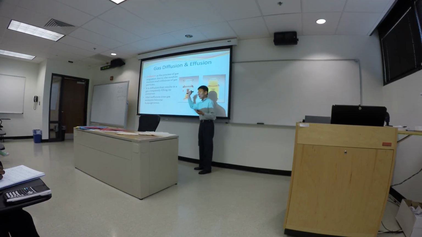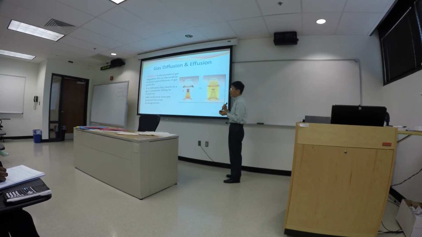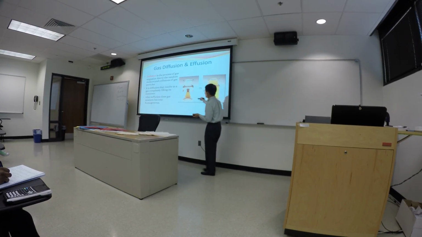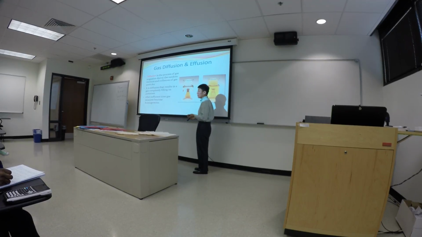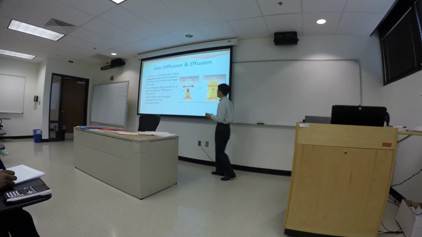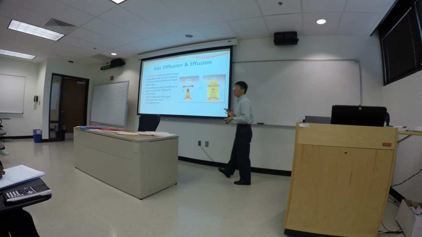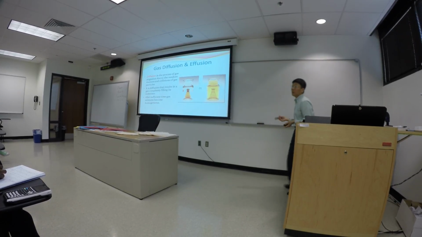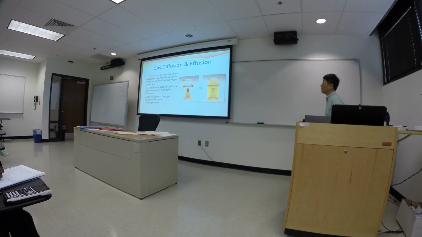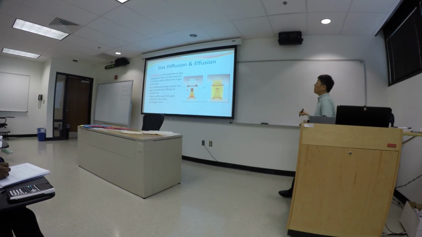If you open the lid of the smaller container and you keep the larger container capped, over time, you will see the molecules, bromine or iodine, they have a brownish color, yellowish color. So you will see the gases are starting to move out of the small container. Eventually, they will fill the entire large container uniformly, forming a homogeneous mixture. They will occupy the entire volume of the larger container if you give it long enough time.